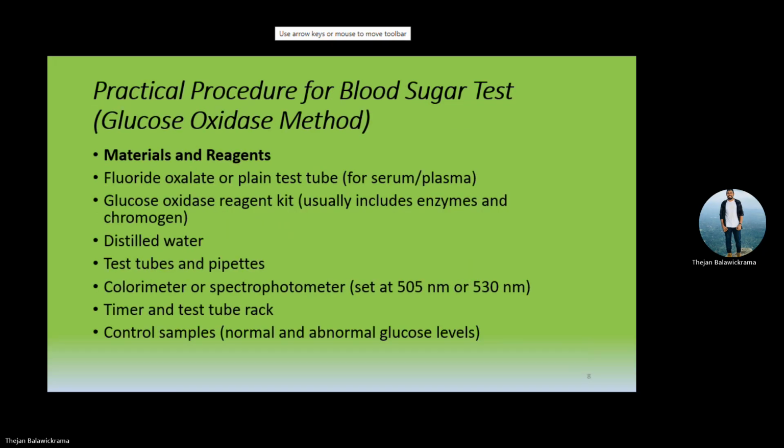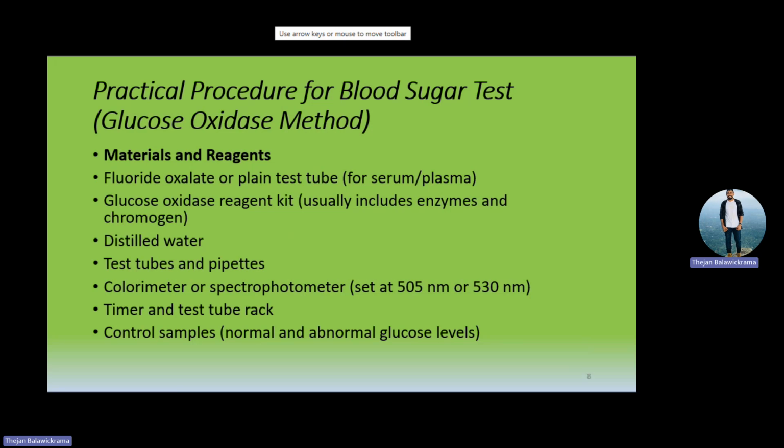So how do we do this? To do the blood test, these are the things that you need: a fluoride oxalate test tube or a plain test tube, for the serum sample or the plasma sample, and glucose oxidase reagent.